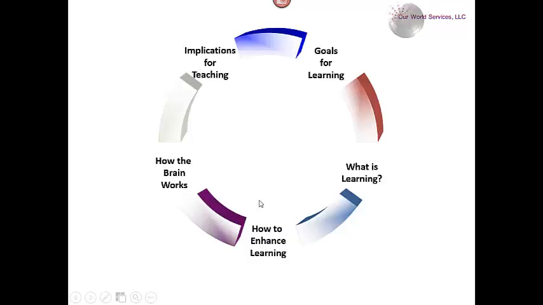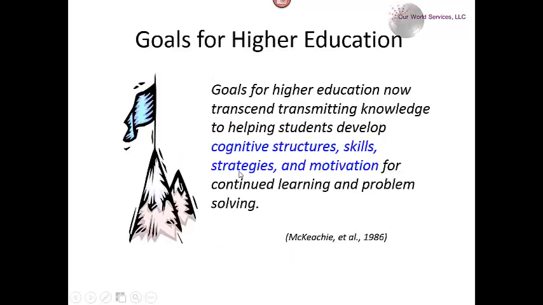So all of this has implications for teaching. It affects our goals for learning, what learning is, how we enhance learning, and it also talks to us about how the brain works. One of the goals for higher education, and we are part of the higher education system, goes beyond just transmitting knowledge. It is to help students develop cognitive structures, skills, strategies, and motivation for continued learning and problem solving.